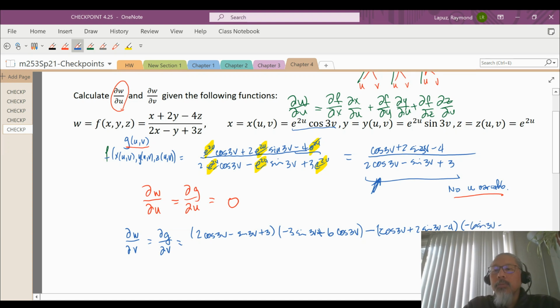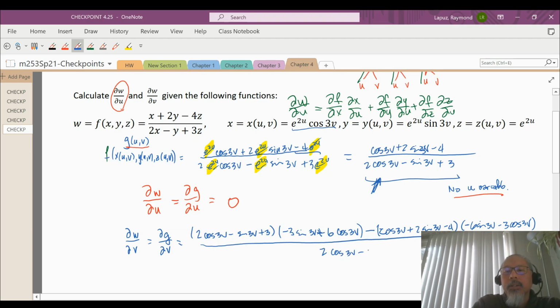And the derivative of sine is positive cosine with the 3 that comes out. And then all divided by 2 cosine 3v minus sine 3v plus 3 quantity squared.